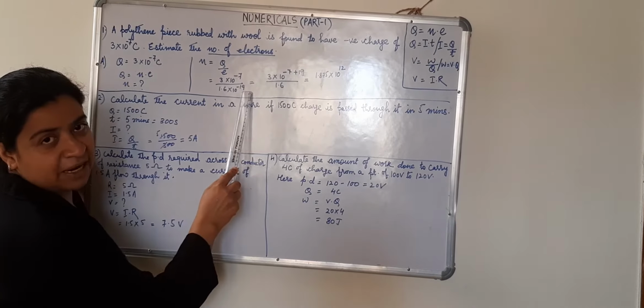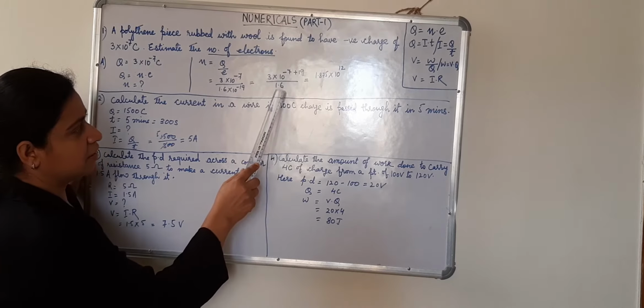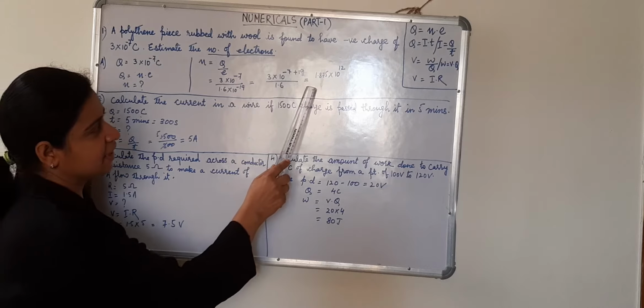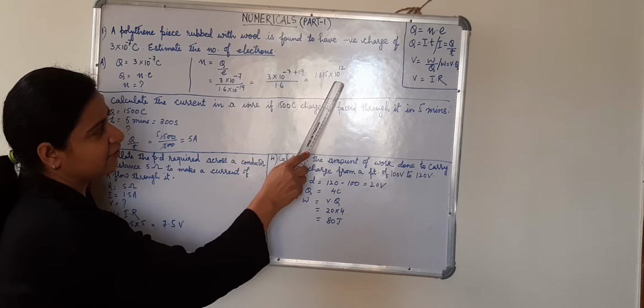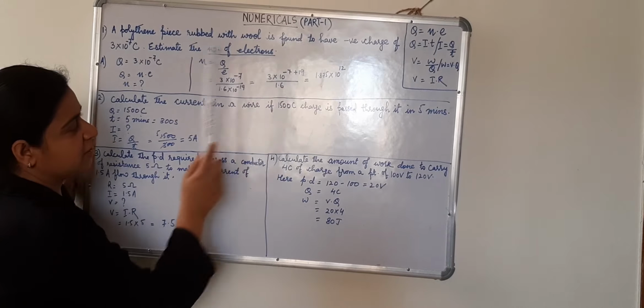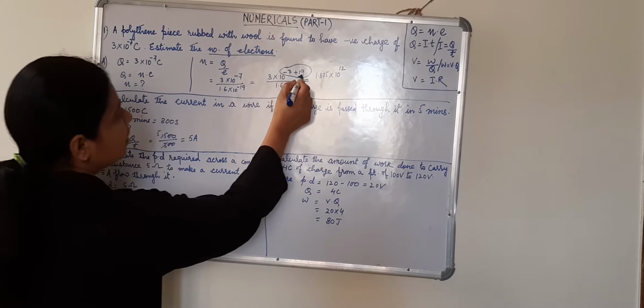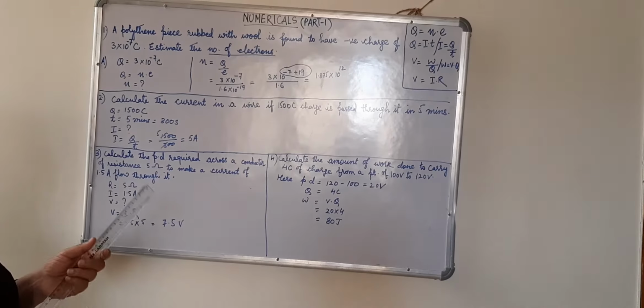This 19 is minus; when it goes up, it will be plus 19. Plus 19 divided by 1.6, that is equal to 1.875 into 10 raised to the power 12. How has it become 12? I think it is clear from here: when we subtract 7 from 19, we get 12.